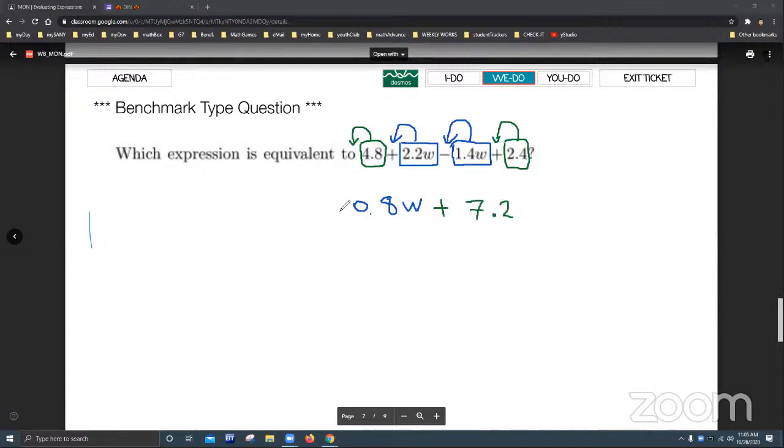Okay, so this is another type of problem that you may see in your benchmark. All you have to do is determine which terms are like terms, and then combine them by looking at the sign in front of those terms. If positive, assume it's a positive number. If there is a negative sign, assume it's a negative or subtraction sign. Okay. So this is the last one.